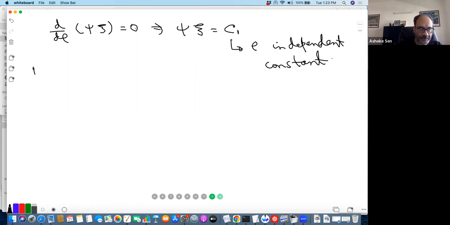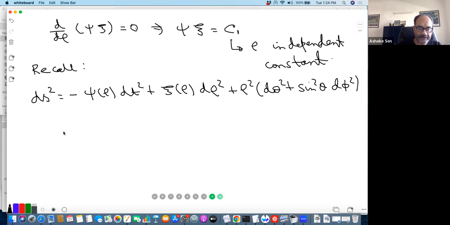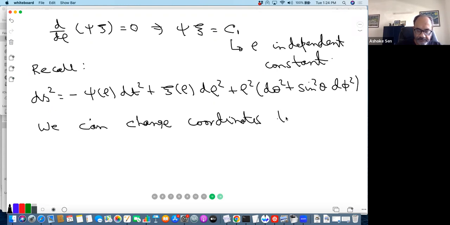Okay. So let's recall what the metric was. So you see that here we can still change coordinates, T to some A times T, where A is some constant.